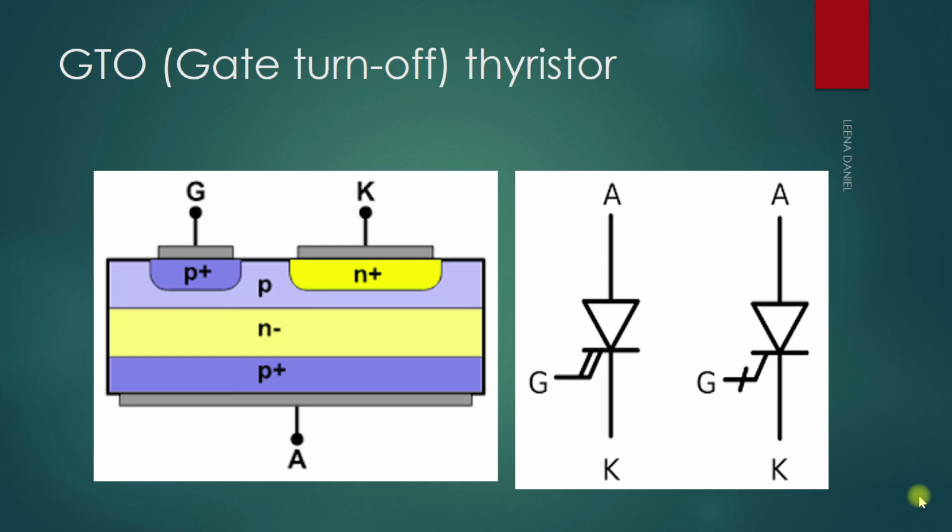Thus, a GTO is a PNPN device that can be turned on by a positive gate current and turned off by a negative gate current, and it has a gate cathode terminal.